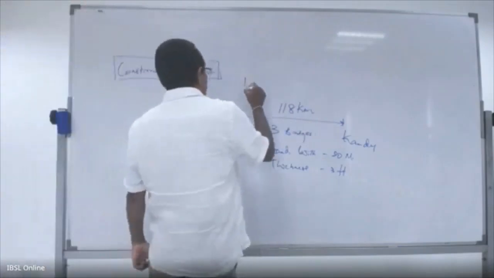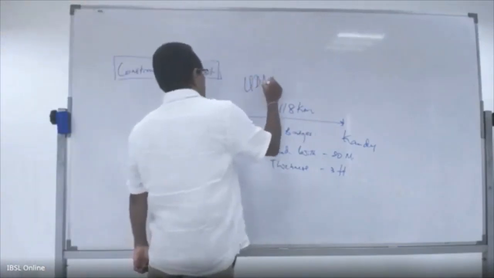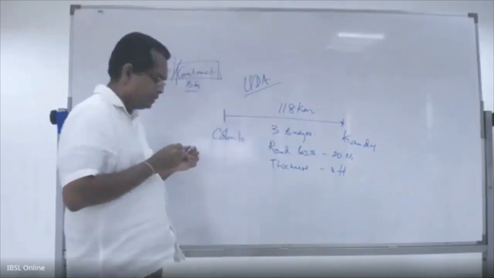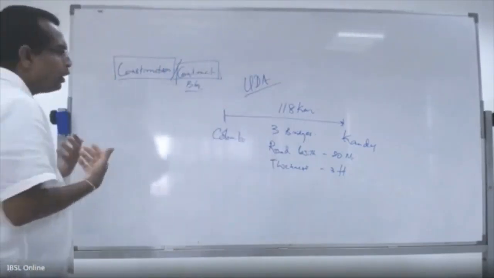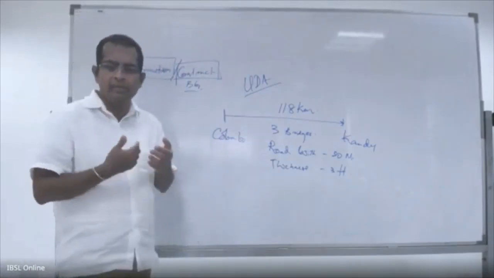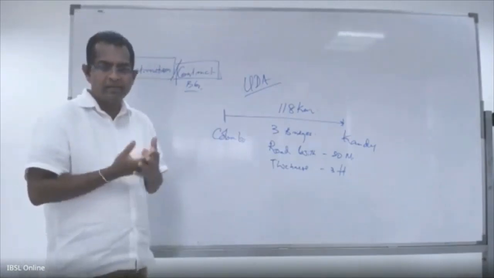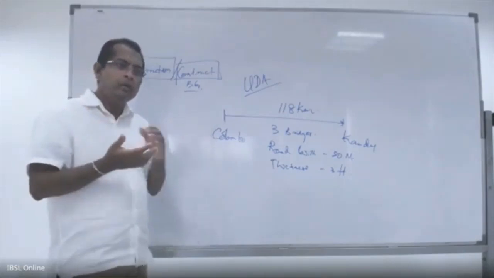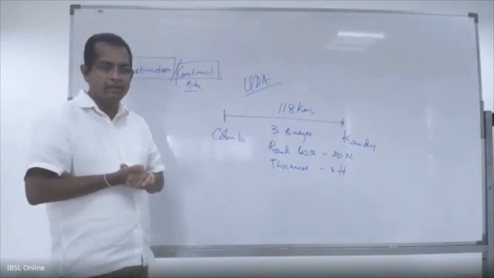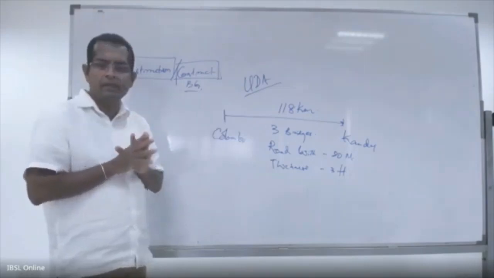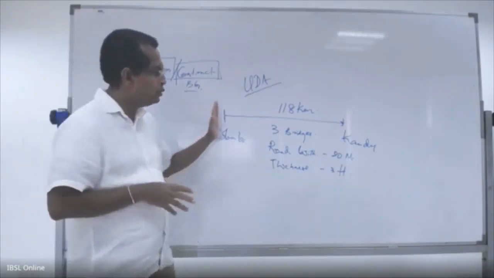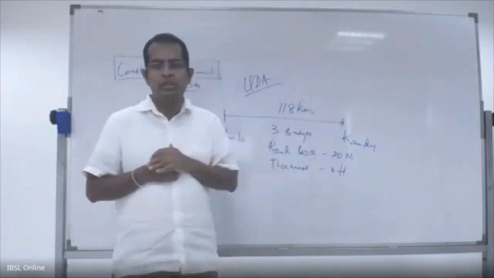Right, so this is the contract we have to do. UDA, Urban Development Authority, will advertise this, will call for tenders or bids from qualified contractors, to let us know your willingness and the capability to do this kind of a project.